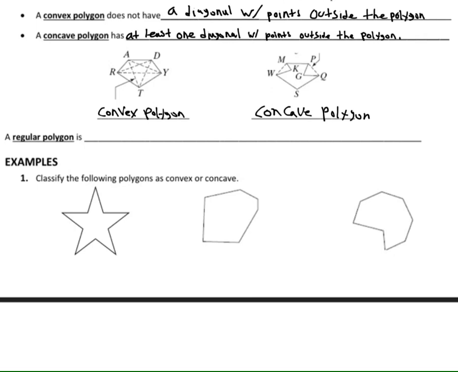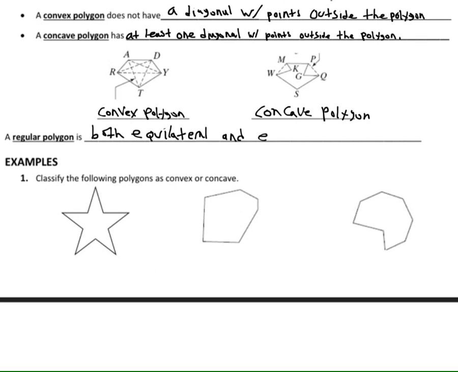Okay, and lastly, we're looking at the definition of a regular polygon. I want you guys to really pay attention to this definition because we're going to be using it a lot throughout this unit. A regular polygon is both equilateral, which means all sides are congruent, and equiangular.